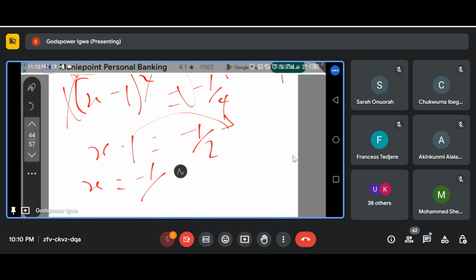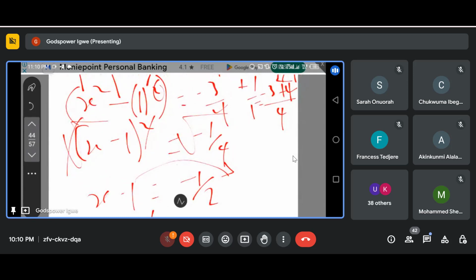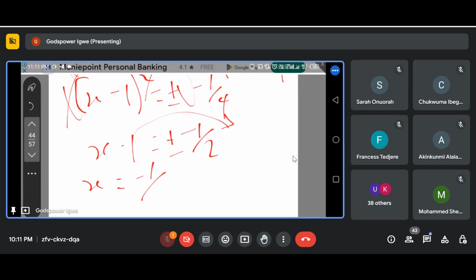Minus 1 all over. Okay, when we start doing this square root both sides, we add our plus minus to that. So if you add your plus minus to this, so while we are doing this, this one now, if you transfer this minus 1 to the other side, is going to be positive 1 plus minus what?